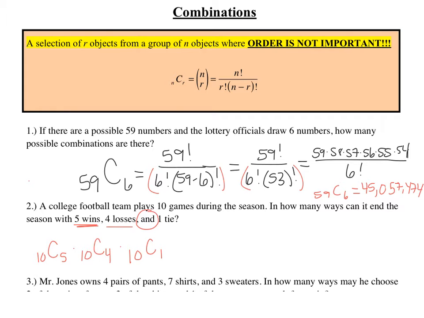So you could do the formula 3 different times, but there is an easier way. Let's take a look at how to use the features of your calculator. It does have the combinations formula stored inside of it, so let's take a look at those keystrokes.